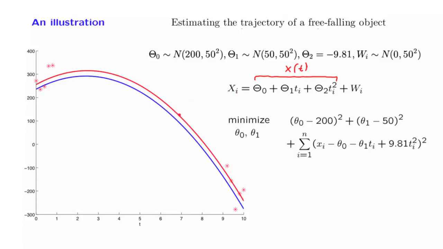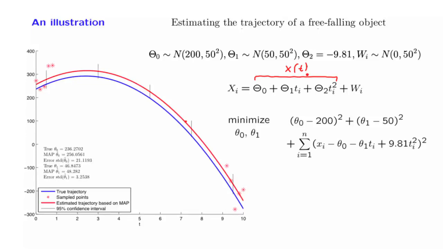And in fact, what we obtain from this diagram is, at any given point, the maximum a posteriori probability estimate of the position x of t at that time. However, besides just this point estimate, we have additional information. We know that the posterior distribution of x of t is normal, and so, for example, at this time, this is the peak of the posterior. This is the maximum a posteriori probability estimate.